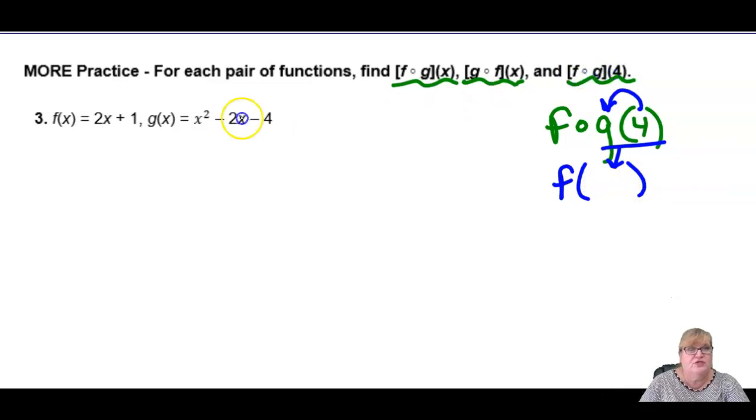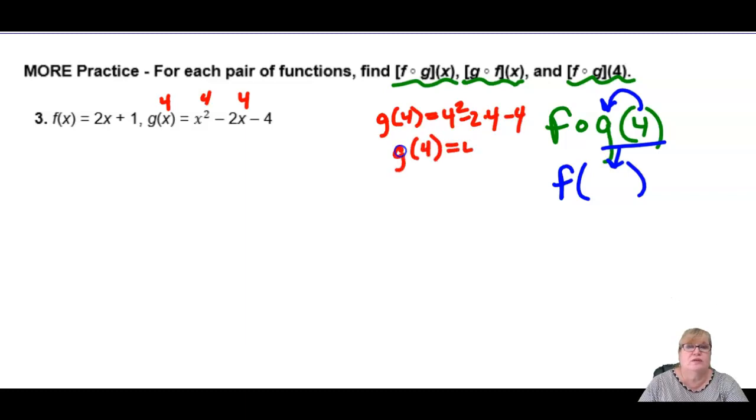Let's put a 4 into G. So if we put a 4 in here, G of 4 would be 4 squared minus 2 times 4 minus 4 would be 16 minus 8 is 8 minus 4 is 4. So G of 4 gives us a 4.